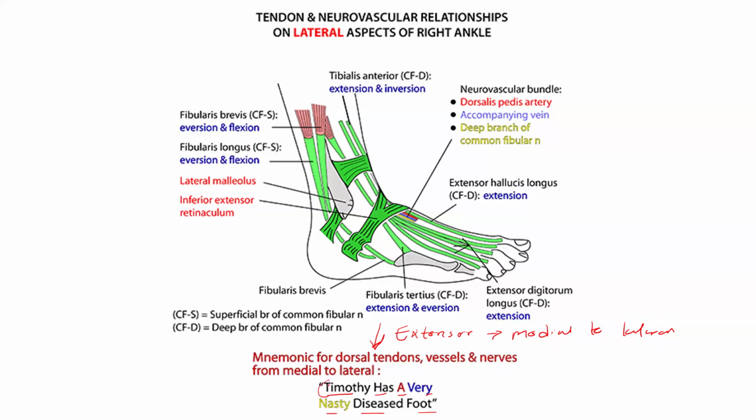Most medial, T, is tibialis anterior. H is the extensor hallucis longus. A is the anterior tibial artery, and then the vein. Then N is the deep peroneal nerve. D is extensor digitorum longus, and F is the fibularis tertius, or the peroneus tertius.